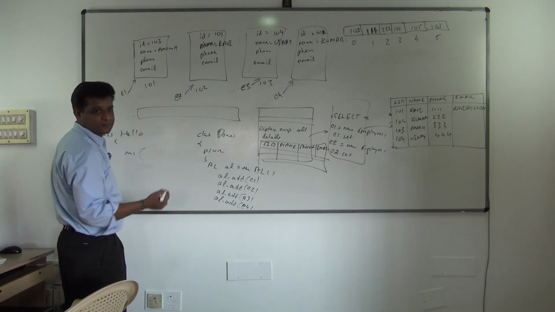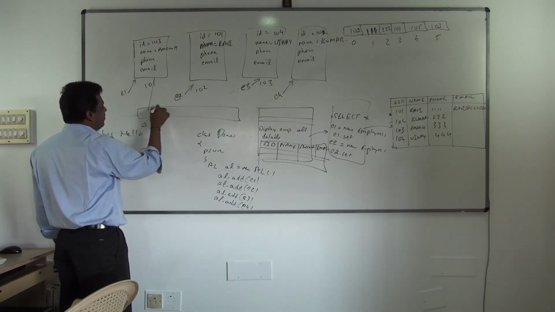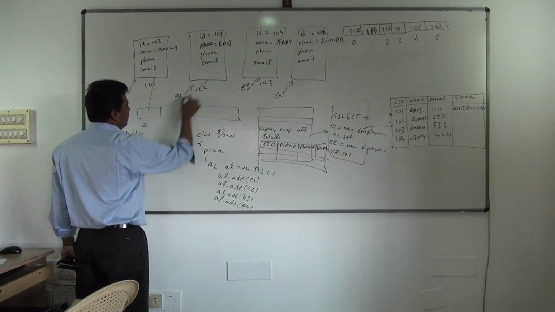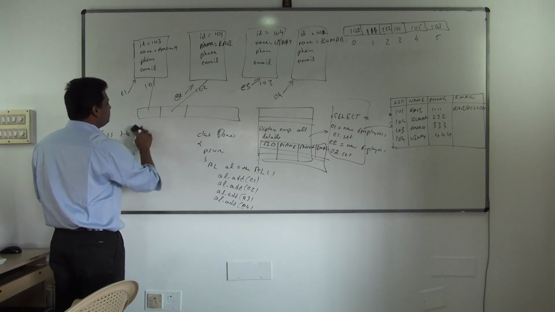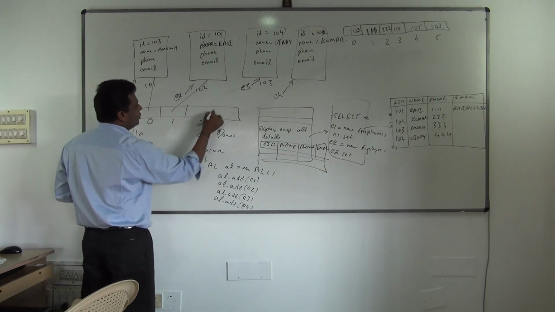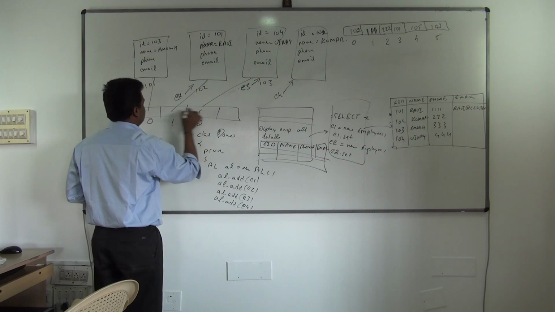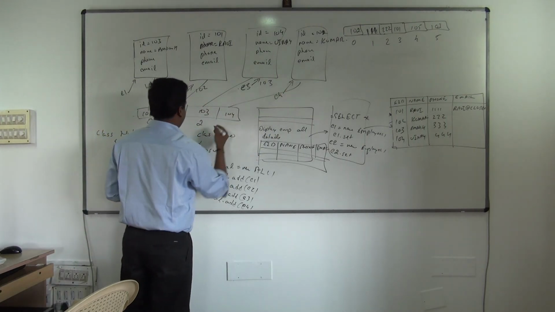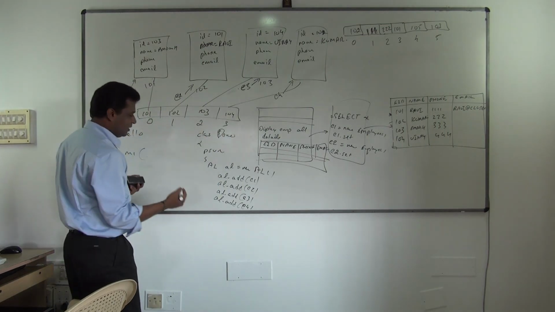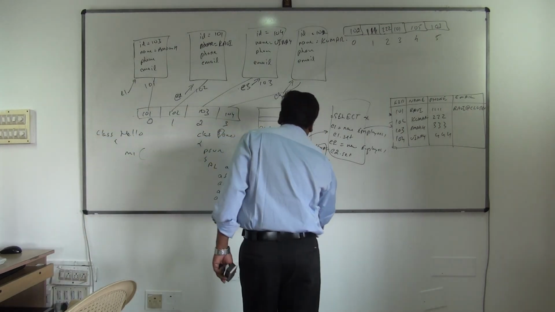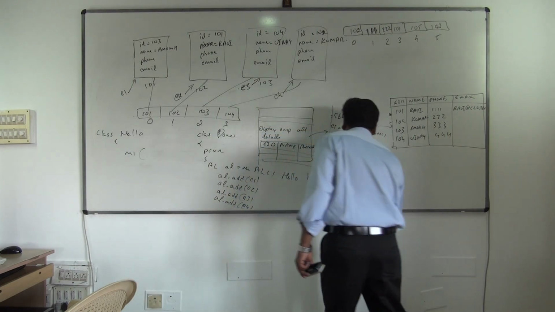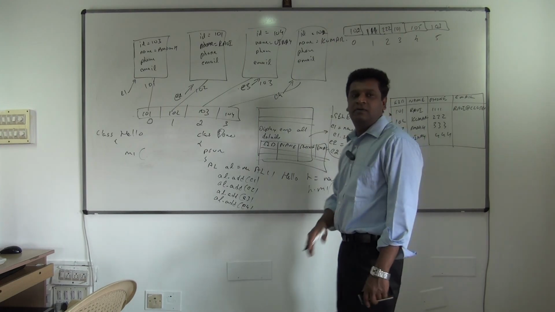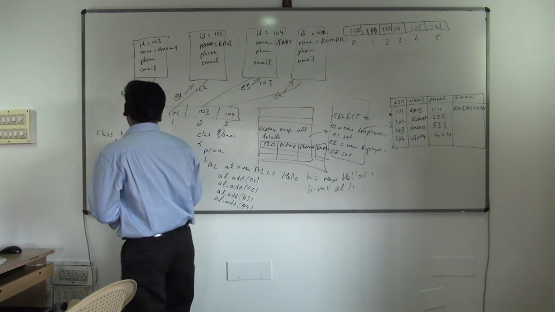Slowly it grows. In the 0th index, it has the reference of the first employee. In the next one, it has the reference of the second. This is your ArrayList now. 0, 1, 2. Here 101 is there, 102 is there, 103 is there, 104 is there. This is your employee. This is ArrayList. Now you say Hello h is equal to new Hello, h dot m1 and send your ArrayList now. Finished. So in M1 method, what is your argument now?